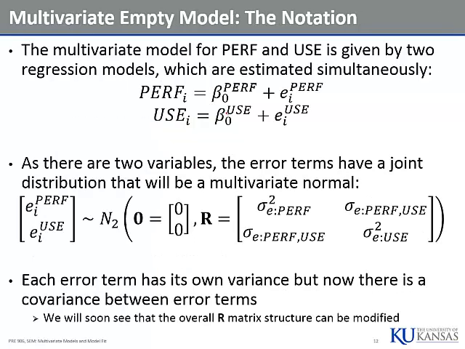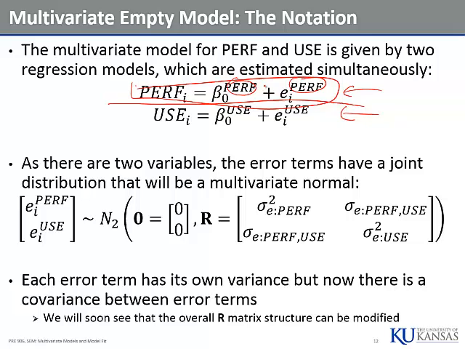All right. What does the univariate model look like? The multivariate model, instead of one regression, is now two regression lines: one for performance, one for usefulness. If we looked at either by itself, it would look just like a univariate regression, although now I add the word in superscript for what's being predicted, PERF.